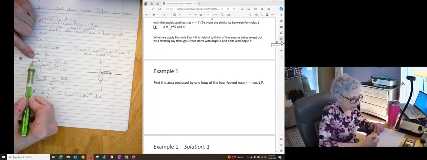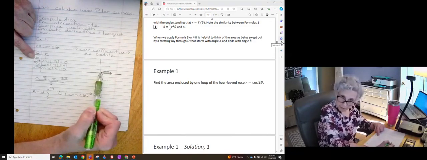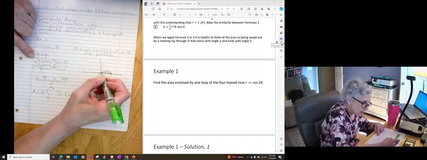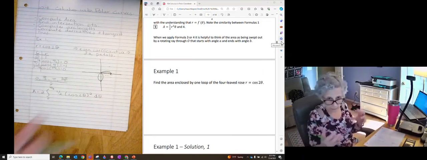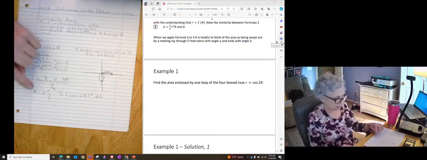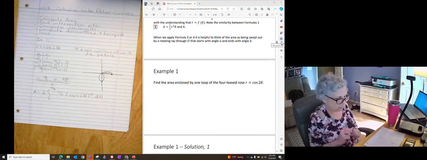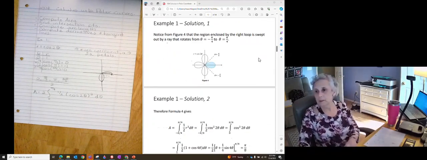I could have taken the area from negative pi over 4 to positive pi over 4 and found the area of that whole loop. But since the petals are symmetric, I can just double that integral from 0 to pi over 4. And there's the pretty picture.